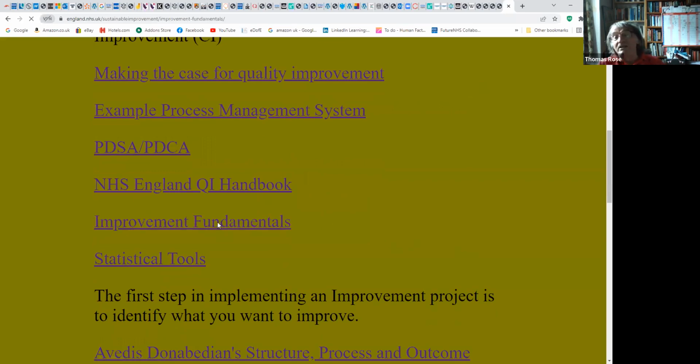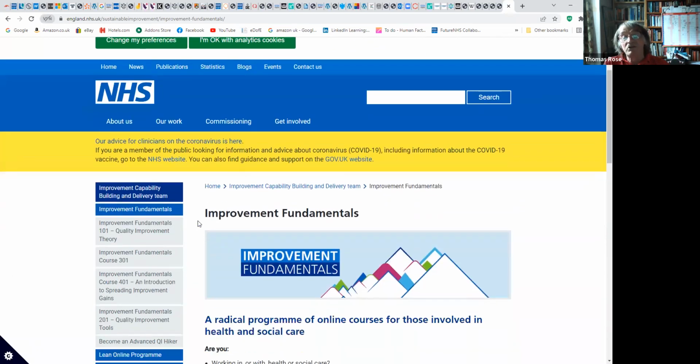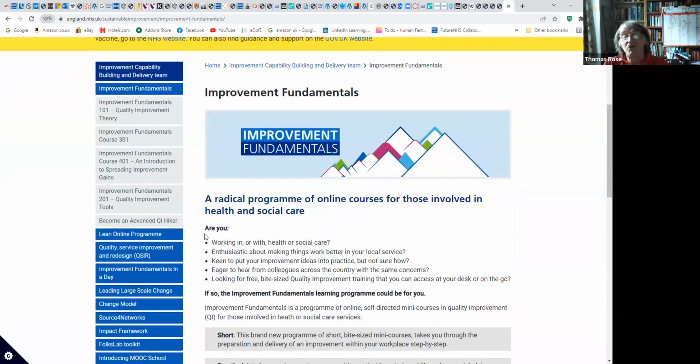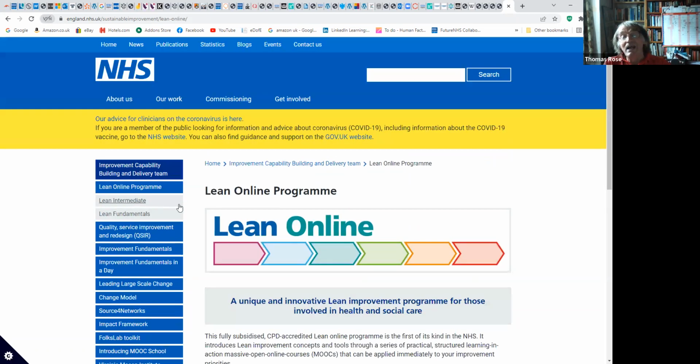Improvement Fundamentals are brilliant. I don't know if any of you have signed on for any of their courses. They're free, and they've got four main courses, and they've just brought out a new one. I've done all of those courses, although it was stuff that I already knew about, just being applied differently. I've just signed up for this course, which is to do with lean, and it's really good.